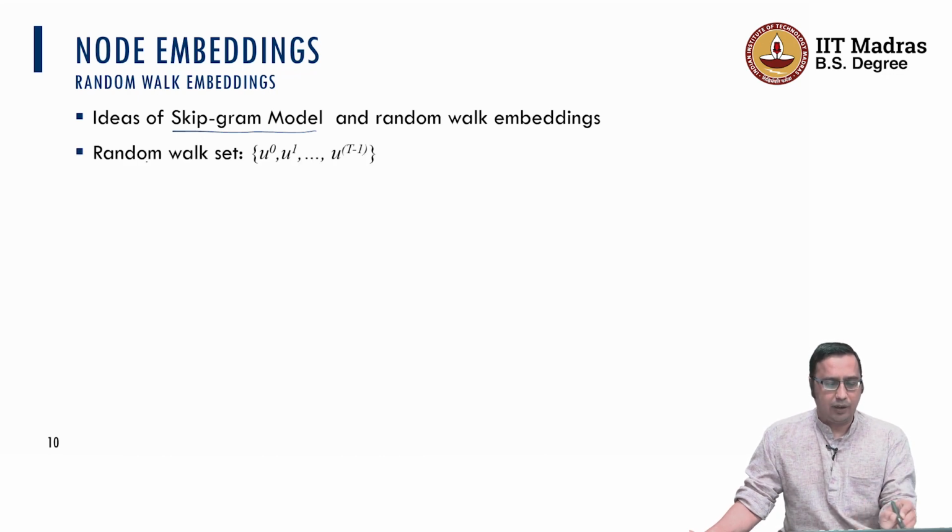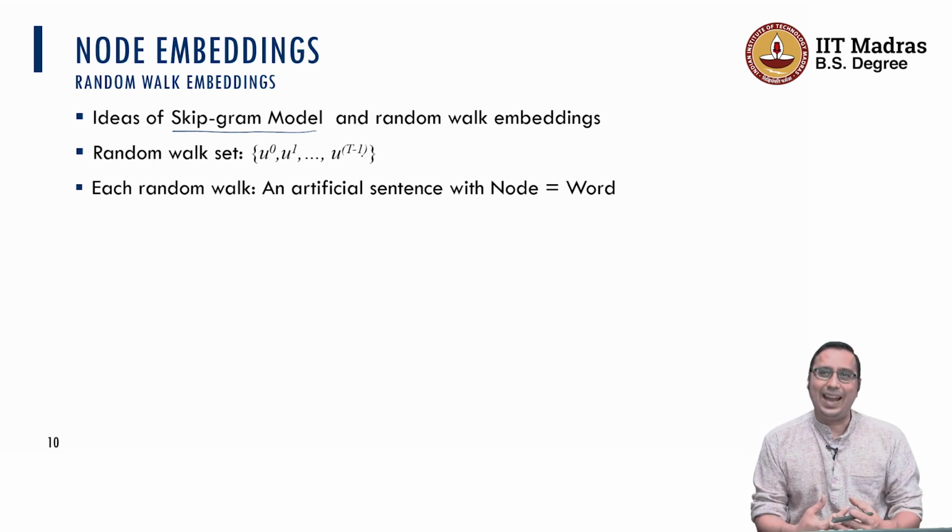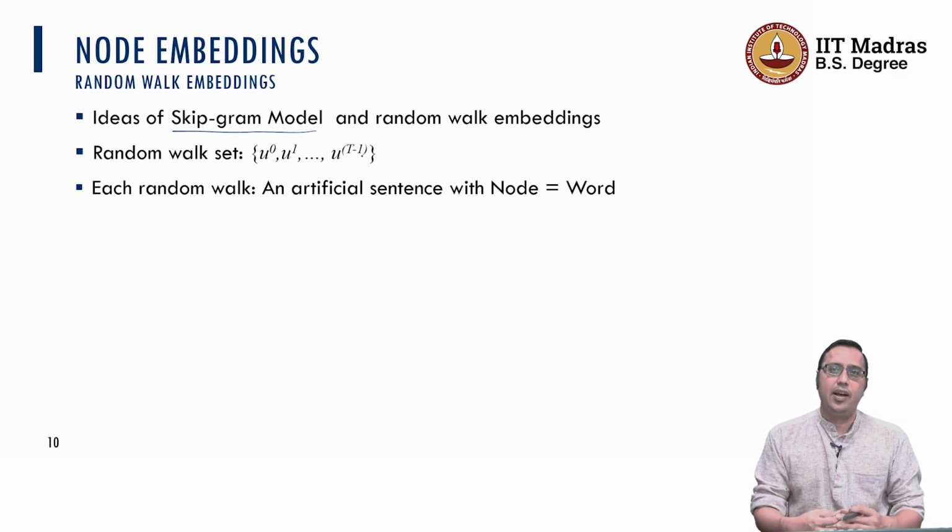If you look at it, a random walk is a set of nodes. If we look at our random walk and the language model, there is a similarity. You can think of each random walk as an artificial sentence where the node has a similar role as a word has in a valid sentence.